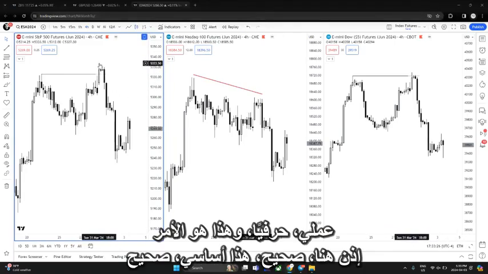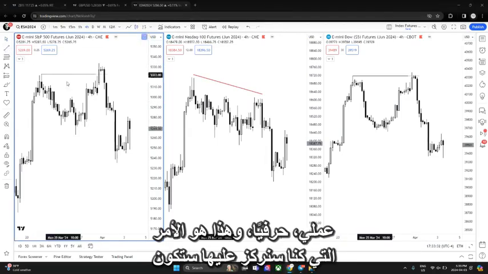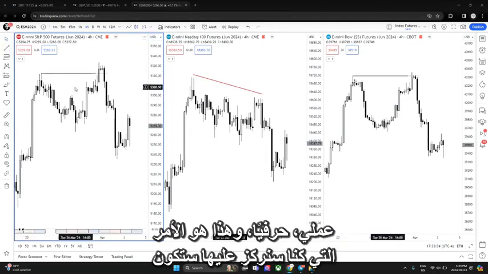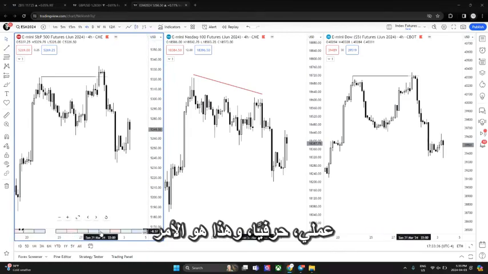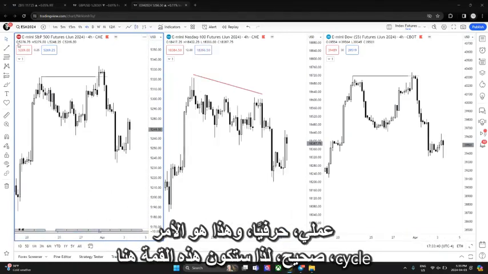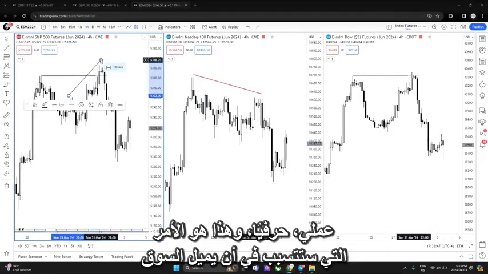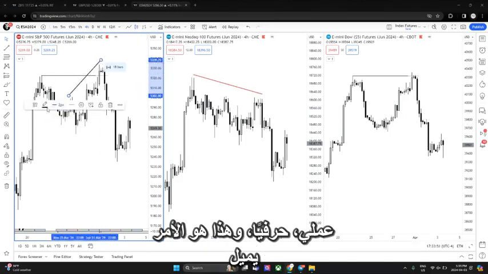So here, this is basic. And the highs and lows which we would be focused on would be these. And yes, it's the monthly cycle. So it would be this high right here and this high, which would cause the market to tip, per se.